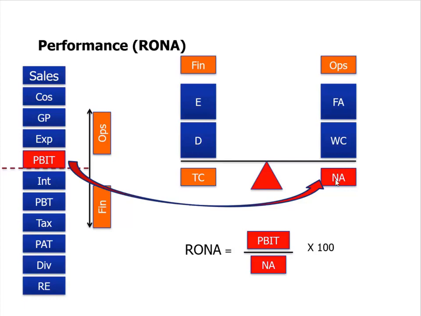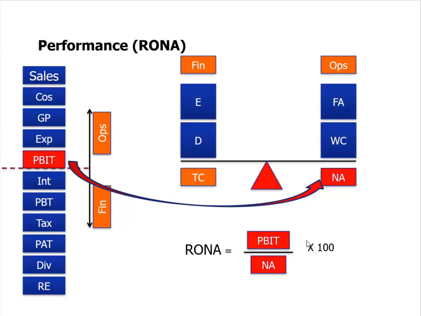So it's the use of these net assets that drives sales and ultimately drives operating profits. And here we are simply measuring these two against each other. We multiply it by 100, that gives us a percentage, and what we have is the return on net assets.